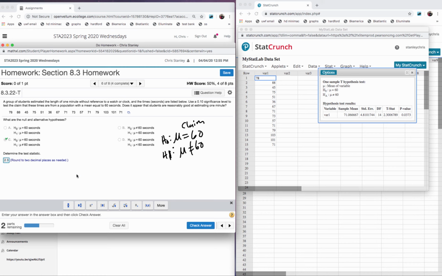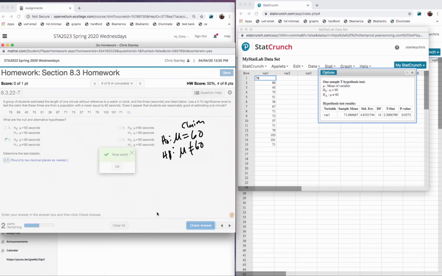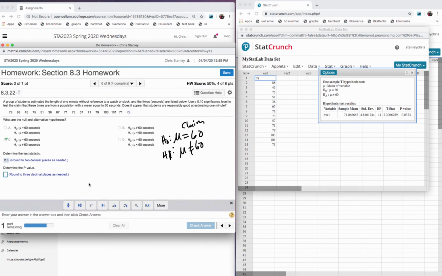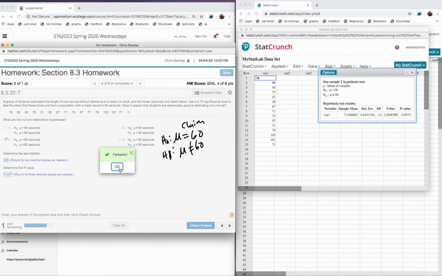And the p-value .0337. Just checking to make sure on the decimal placement. Sometimes they switch them up on us.